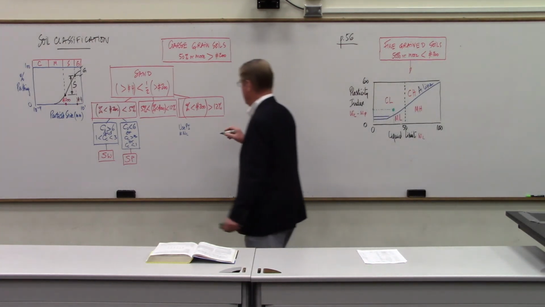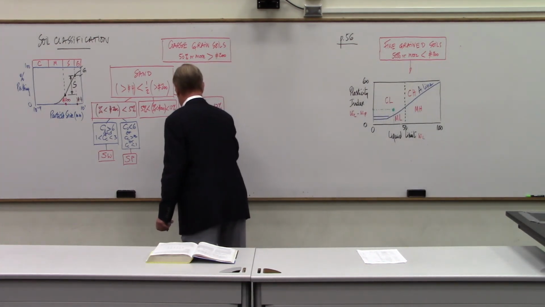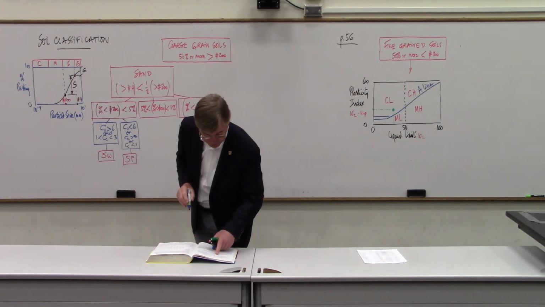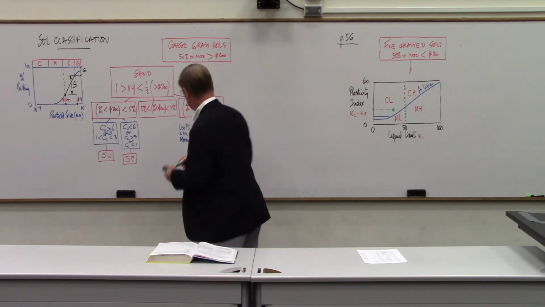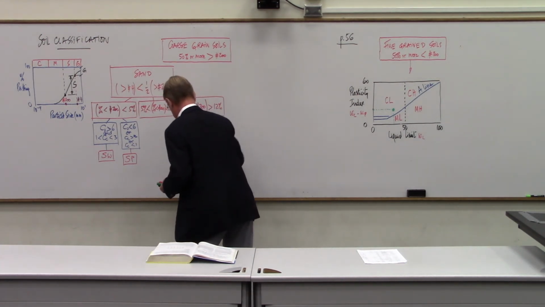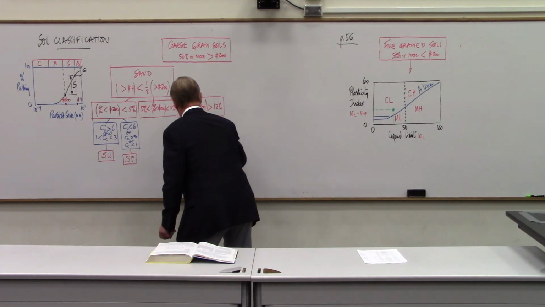Use PI and WL, and the first one is below the A line, all right. So the first one is below the A line. So use PI and WL below A line.